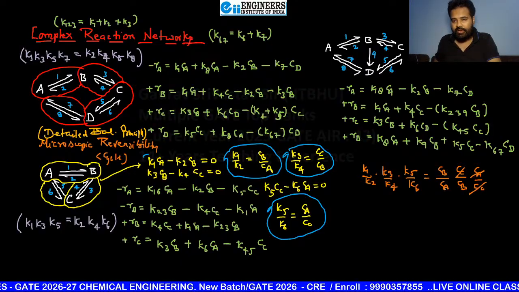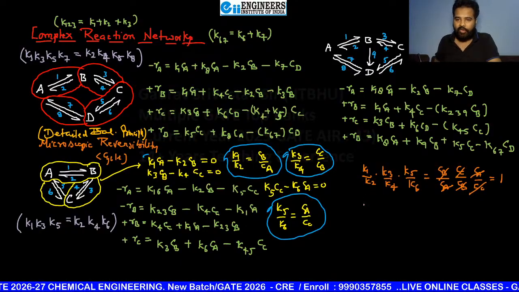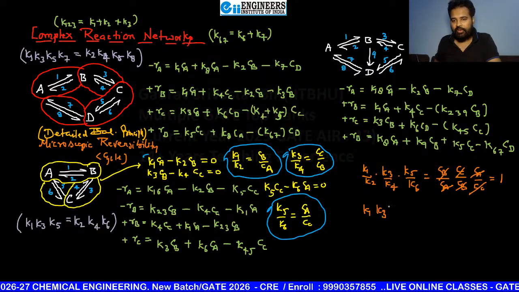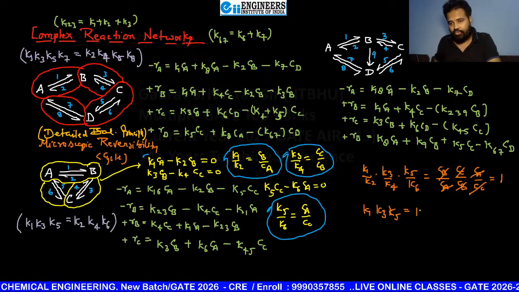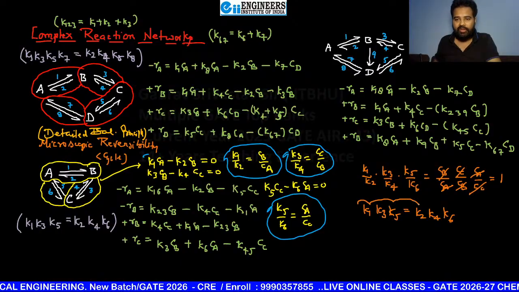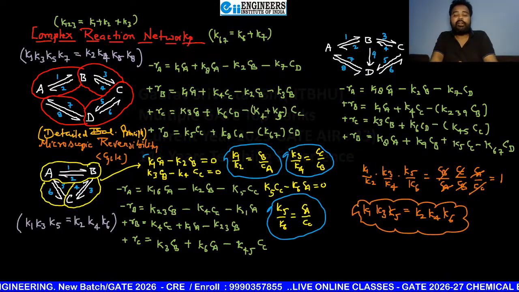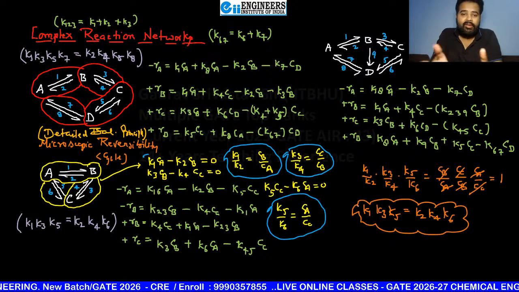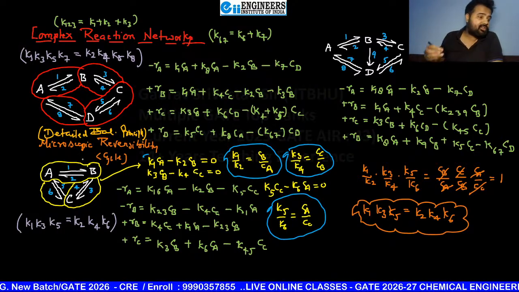CC, CC, CA, CA, CB, CB cancelled, so it will make it 1. Further you can write K1 K3 K5 equals K2 K4 K6. Oh my god, see, the same expression. That means because of this principle of detailed balance, we can also write these as separate equations.